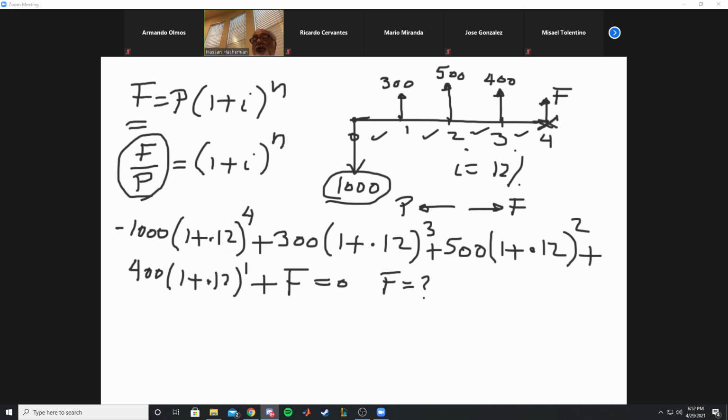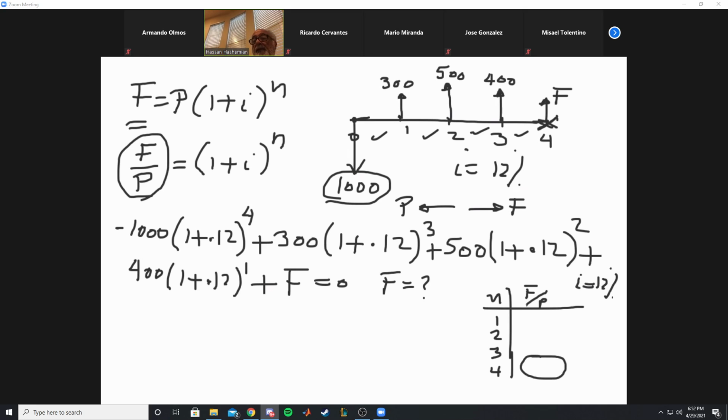So the table looks like this: you have the N and you have the F over P here. And you have year 1, 2, 3, 4, 5. So we need year 4, F over P, you read this number here. And that's the page that says 12%.